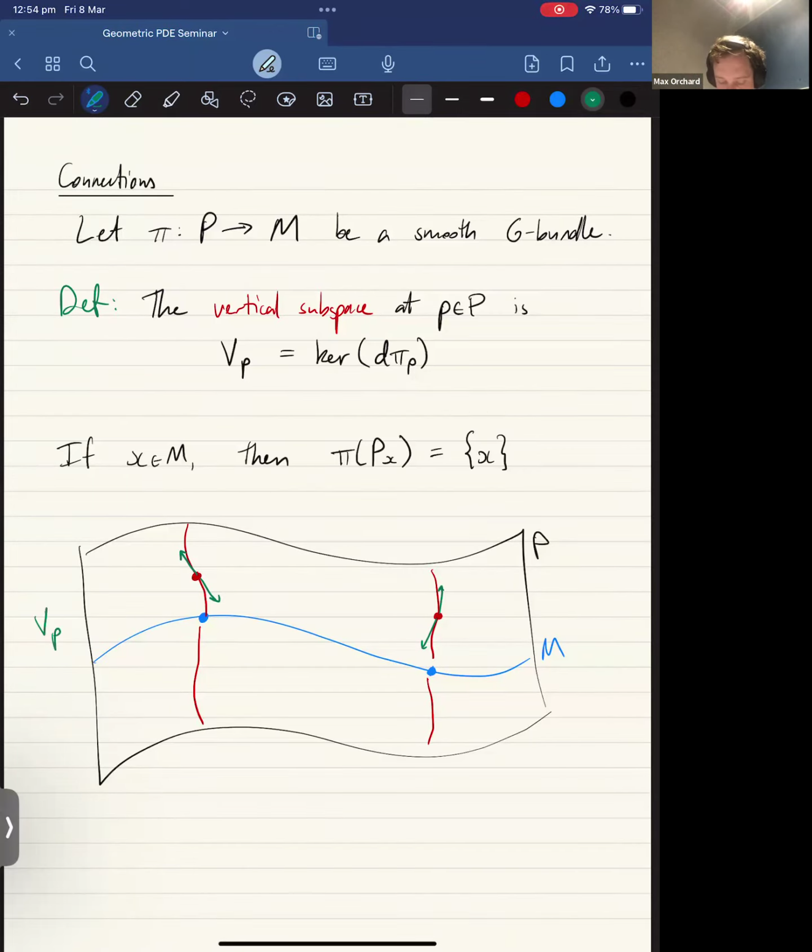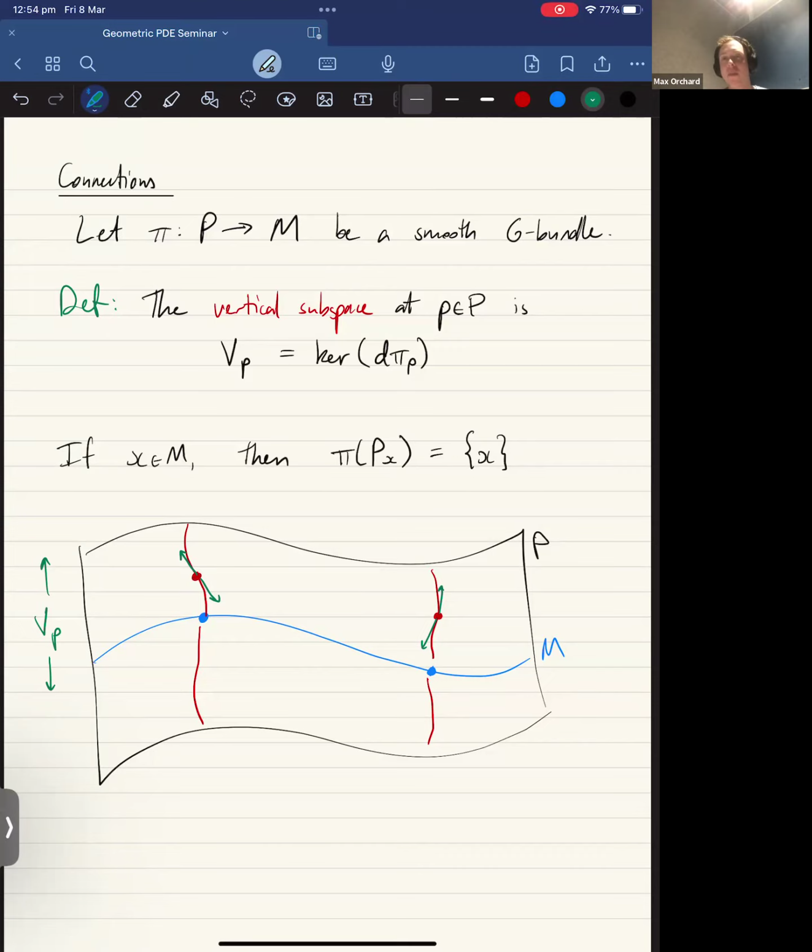So the vertical subspace is the one that points vertically in this picture. So this tells us how to travel along the fibers, but we want to travel between the fibers. So we now need to figure out a way to travel, I guess, perpendicularly to the fiber.